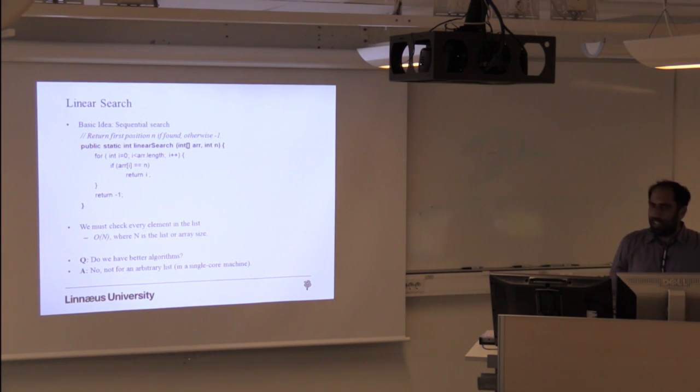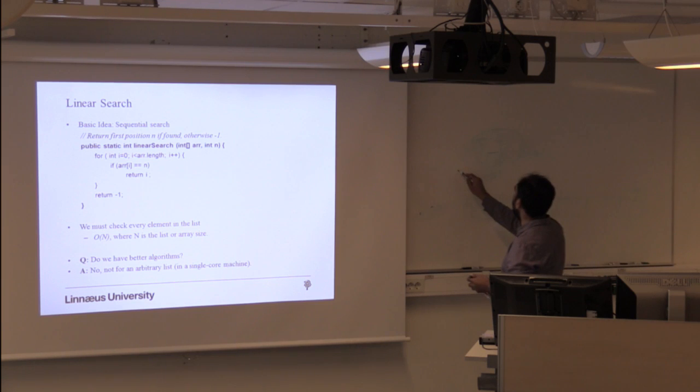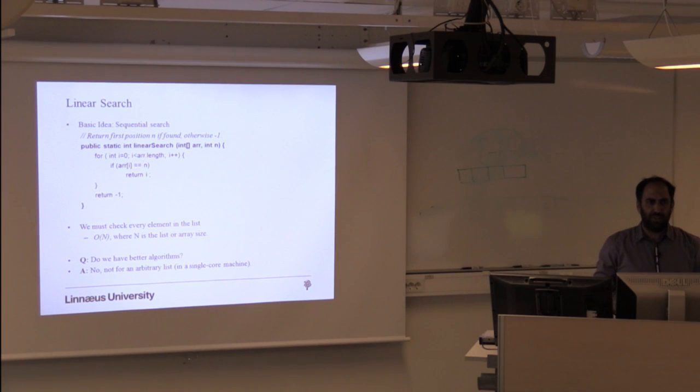And then we have something about searching. What is the basic algorithm for searching? I think we have already discussed this. To find an element in a list or in an array, you need to check every element and compare it with the value that you are looking for.